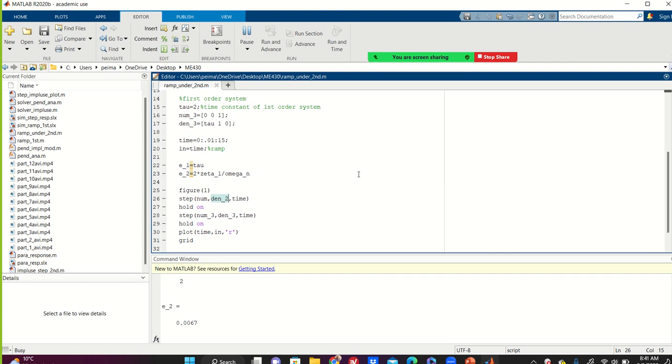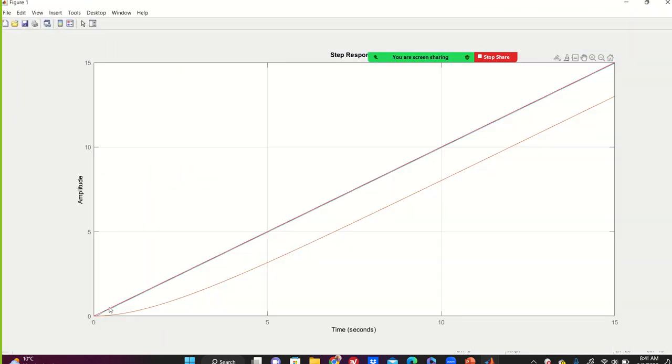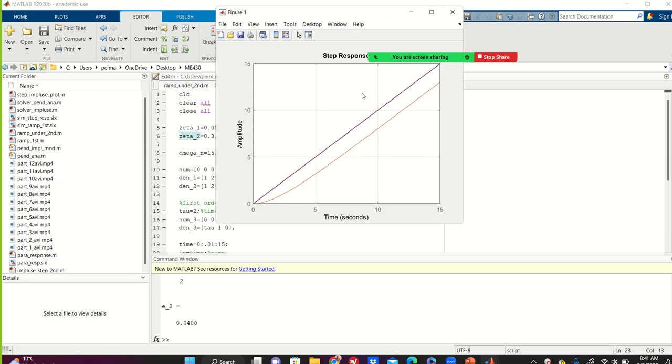Okay. Here it goes much better. See the oscillation here, and then it goes there. And you see that when you increase damping, your error signal also increases. See, 0.4. There, everybody.